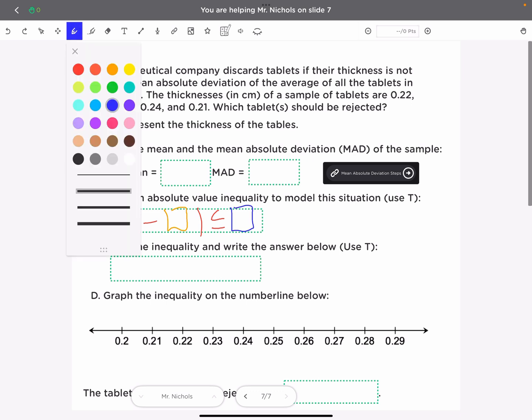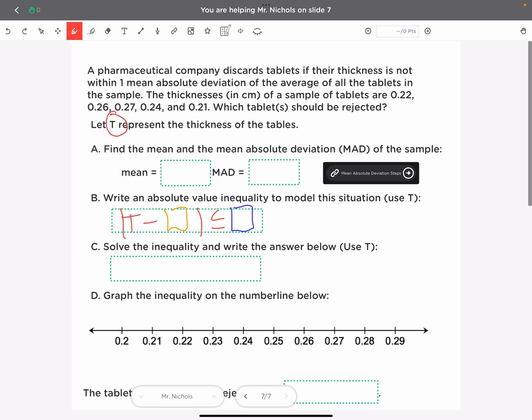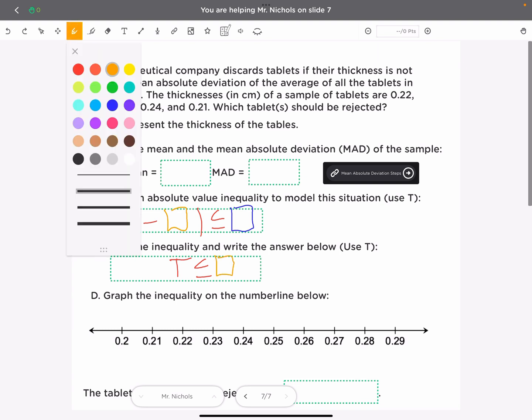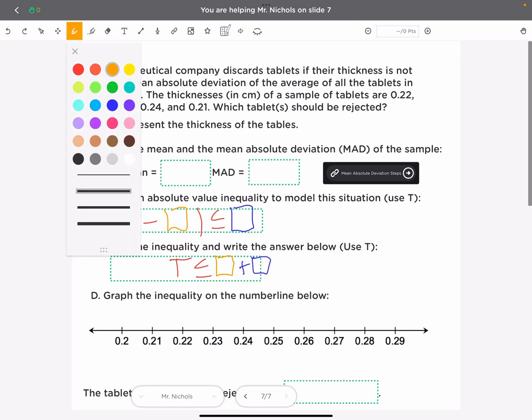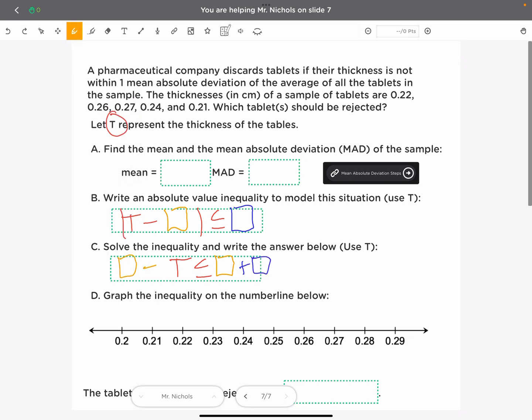You can write this a couple ways, but one way is that T is less than or equal to the mean plus the MAD, and the lower bound is the mean minus the MAD. You can also solve it like we've learned to solve inequalities, but you should get 2 numbers here: mean minus the MAD, mean plus the MAD. That's our range. You then graph it and compare.